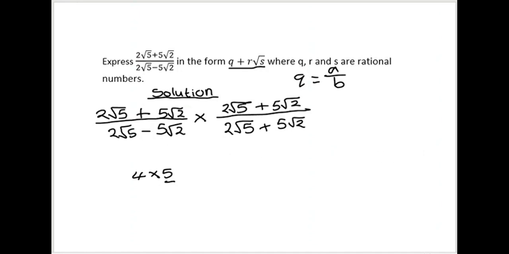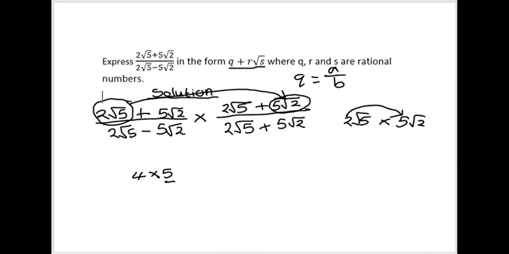So next I'm going to do this times this. That's 2 root 5 times 5 root 2. So same thing, 2 times 5 is 10.